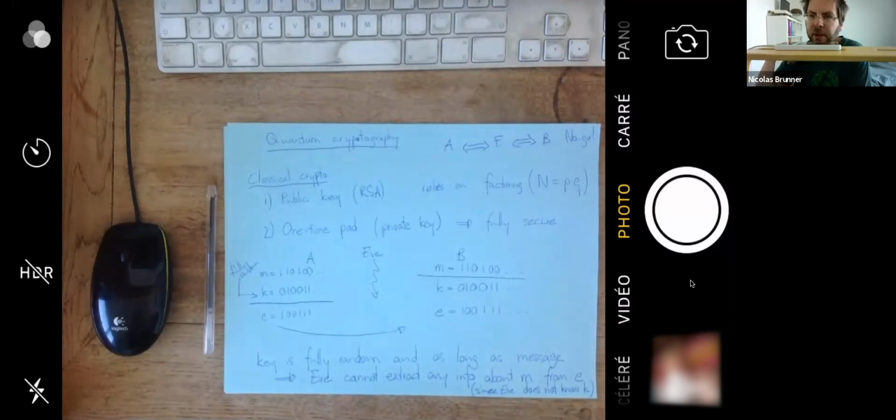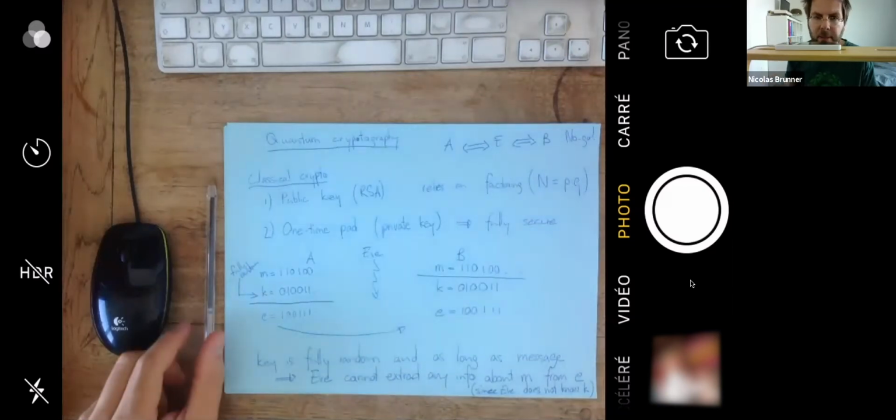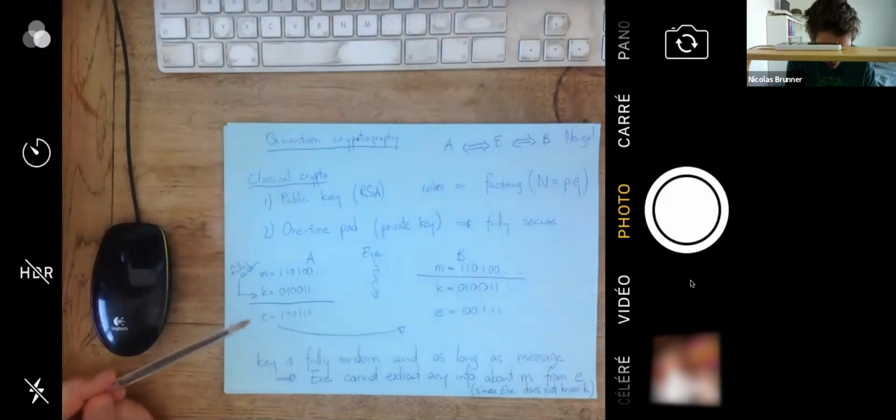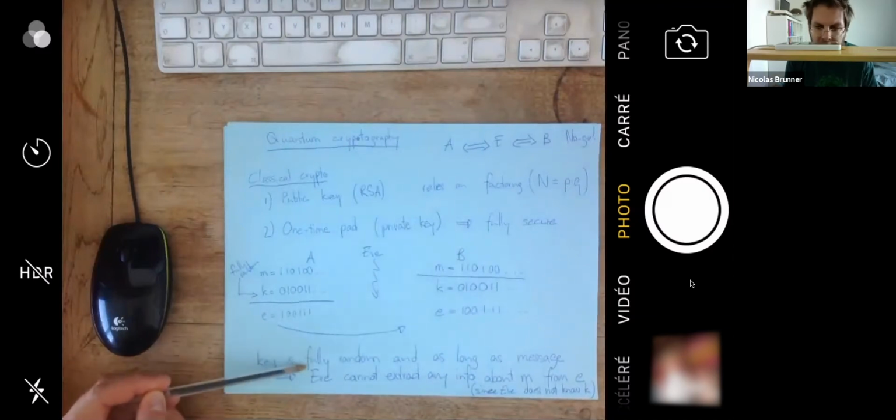It brings me to the next point. What is somehow the difficulty, or what does it require to implement this one-time pad? The one-time pad is, by the way, a perfect solution, because what I wrote here, you can prove it mathematically, in full rigor.